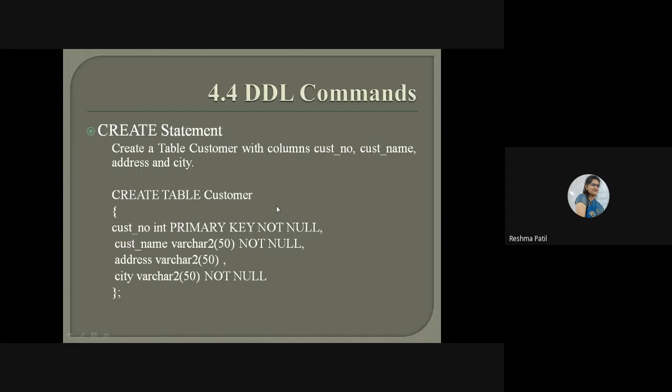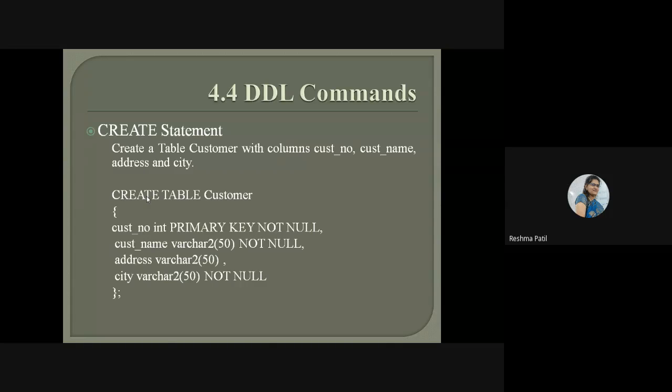So I am giving you a second example. You will compare the second example with this again and create the table. Note it down. Create table. It is not compulsory to keep it in caps lock. You can write it in small letters also. First, note it down.